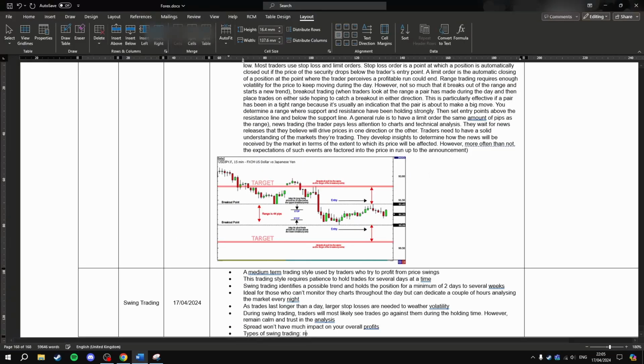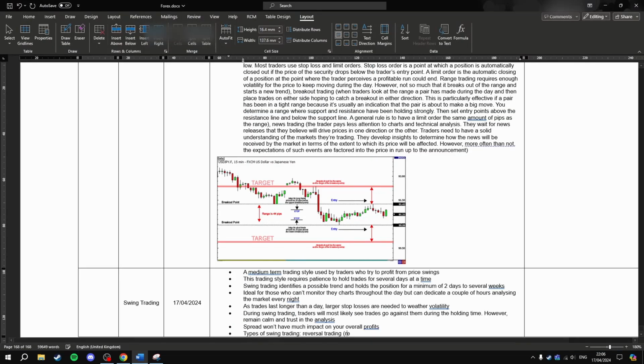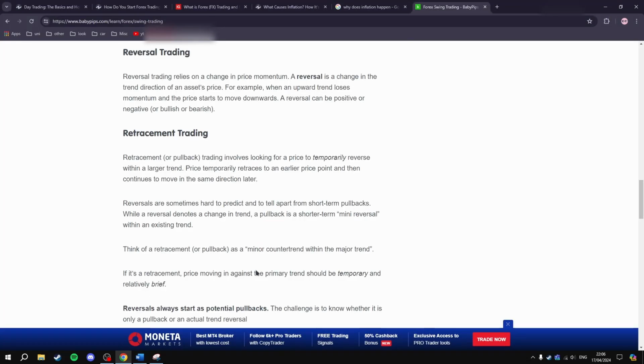Reversal trading. Reversal trading relies on a change in price momentum. A reversal is a change in the trend direction of an asset's price.